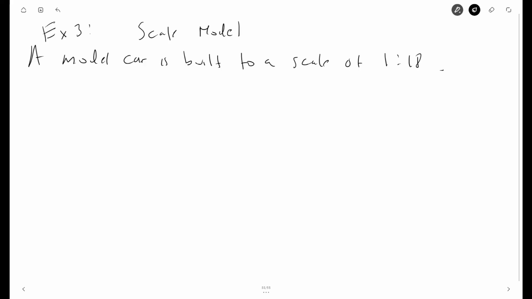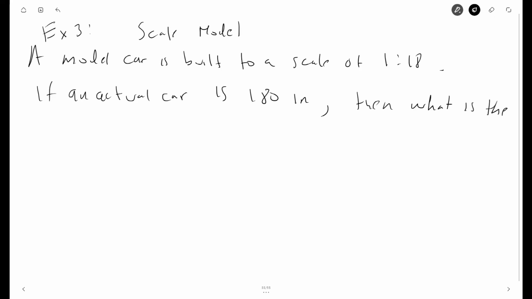So let's say that if an actual car is 180 inches, then what is the length of the actual car.